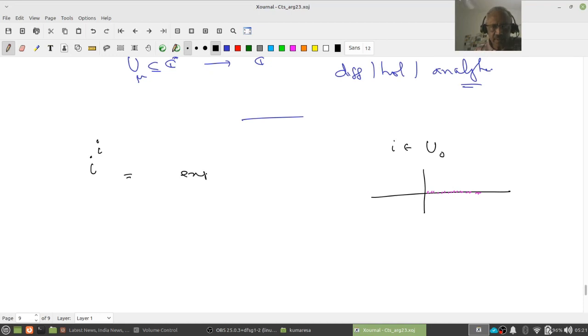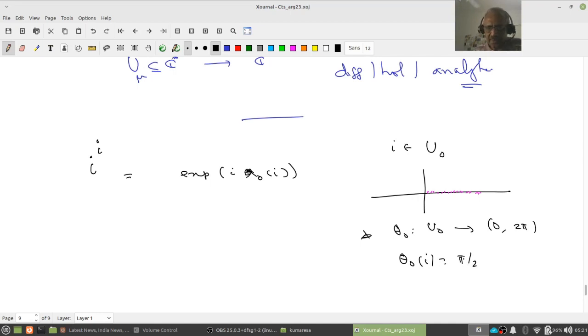This is exponential of i times lambda 0 of i. For lambda 0, I would define theta 0 from U0 to 0 to 2 pi, right? Therefore, what is theta 0 of i? That is pi by 2.